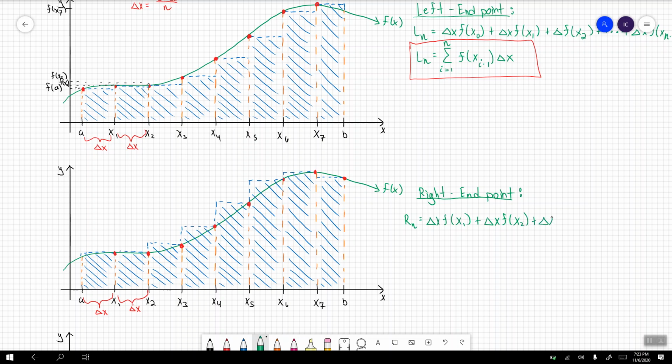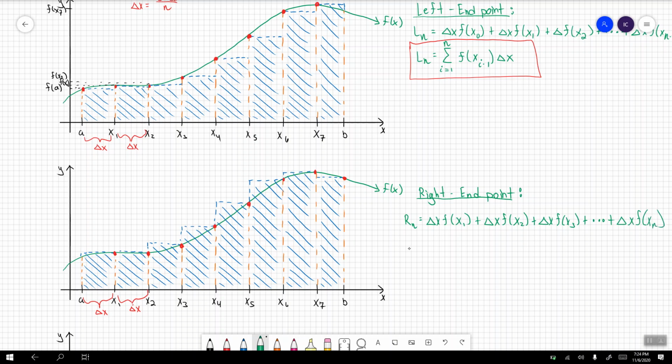We can keep going, delta x, f of x sub 3, plus, and we keep going till the very end, where we get delta x multiplied by my function at the very last value, b. But b can be thought of as x sub n. So here we have delta x multiplied by f of x sub n.